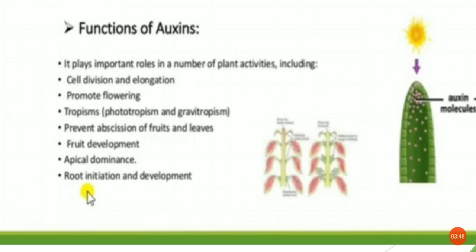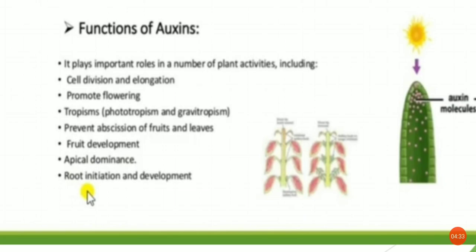Abscission means shedding or dropping of fruits and leaves, so auxins prevent it. It helps in fruit development. Apical dominance means it helps in the growth of tips, shoot tips and root tips, which is called apex growth. It also helps in root initiation and development.